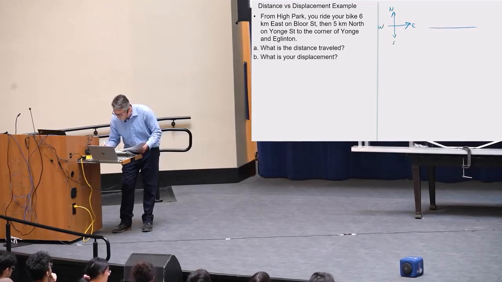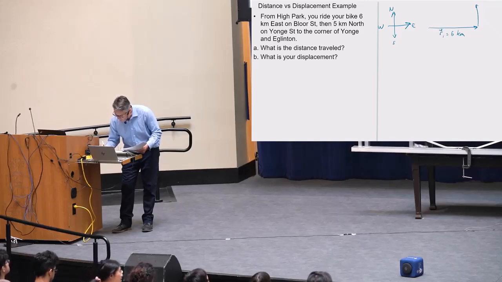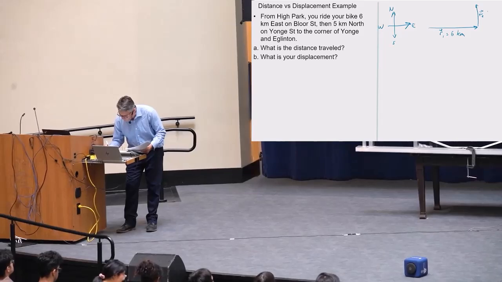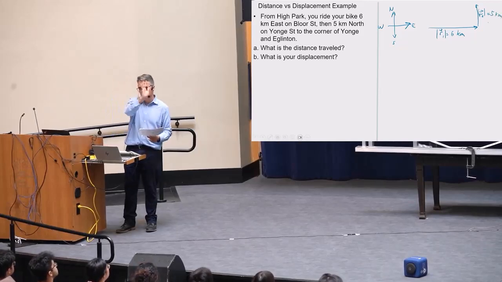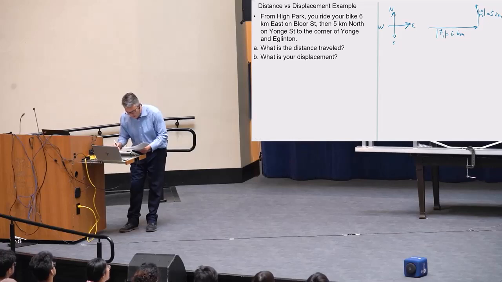You go this way, 6 kilometers. That's one vector, R1, and then another, R2. The magnitudes of these are 6 kilometers and 5 kilometers. The little absolute value signs are telling you what the magnitudes are.